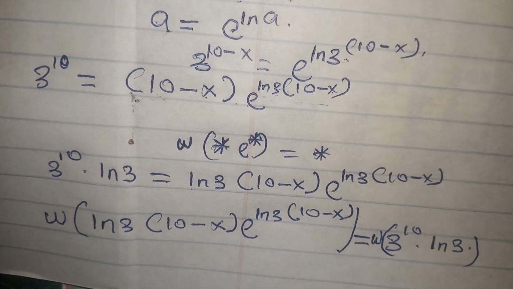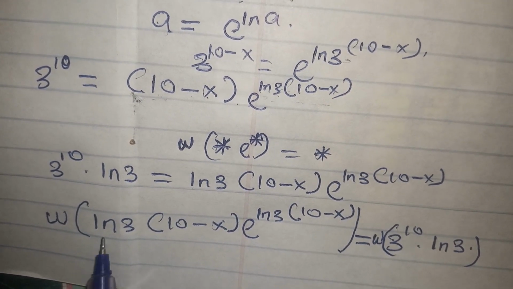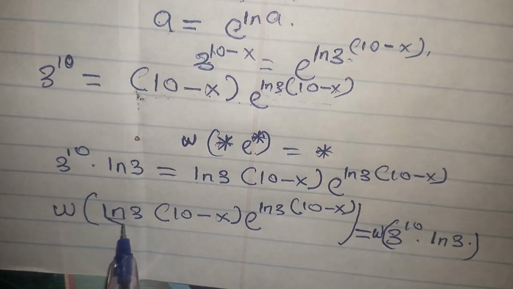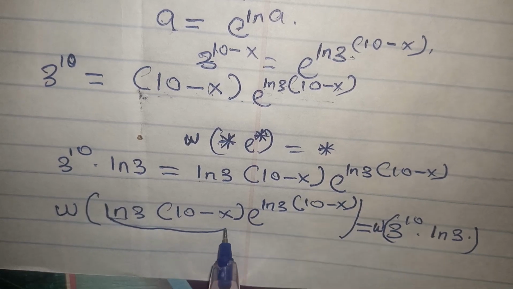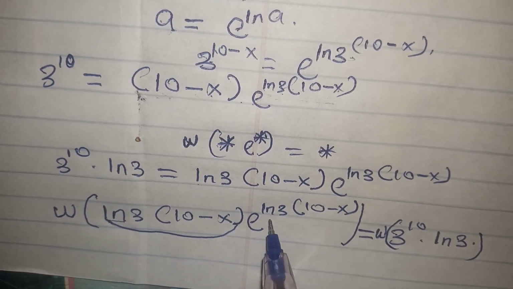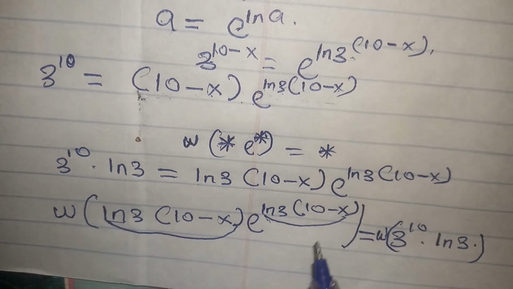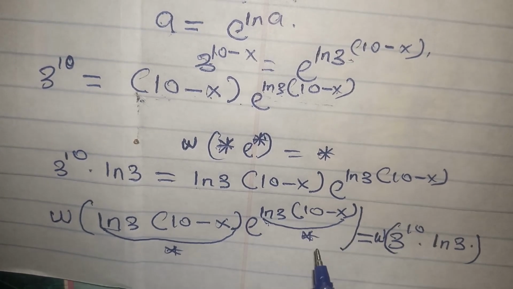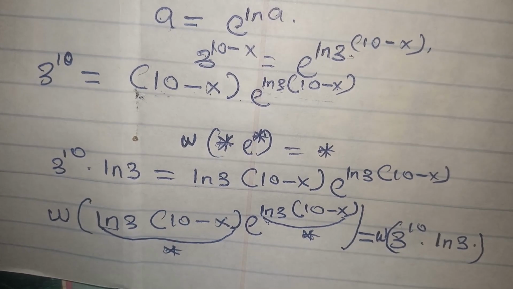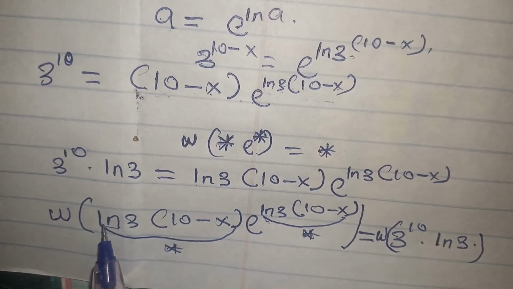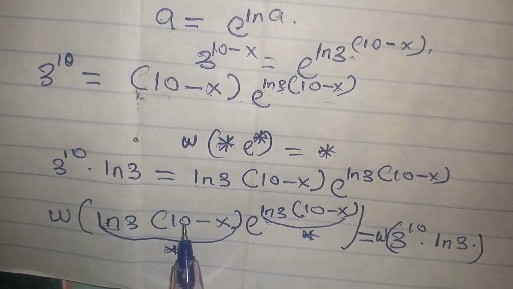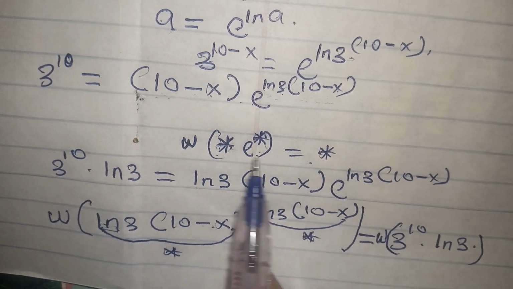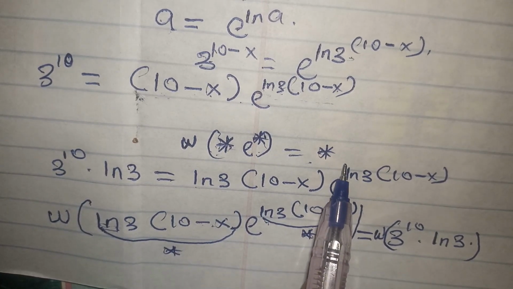Okay, so if I apply the Lambert W function, we can assume the whole of this to be the star. We can assume this ln 3 (10 minus x) to be star, because we say star exponential star, if we take the Lambert W function of it, is going to give us star.